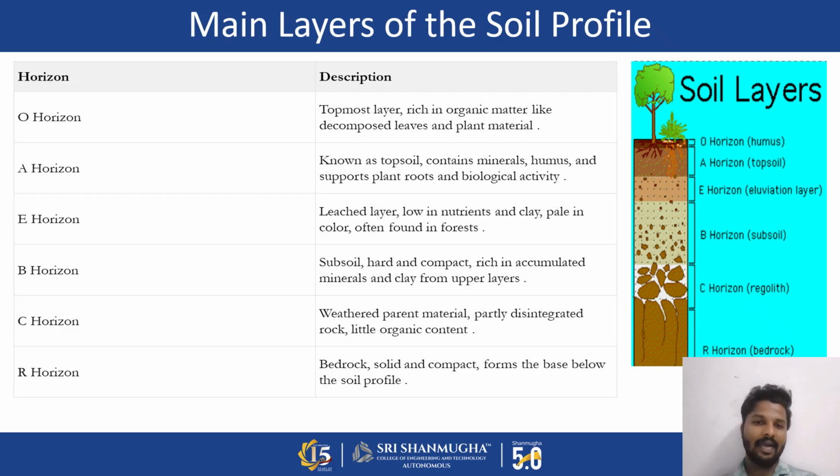It is called bedrock. It is the base of the soil profile. You can see at the last of this picture, on the right side, the R horizon is located below, underground. It is a continuous mass of hard, unweathered bedrock, or we can call it solid rock.